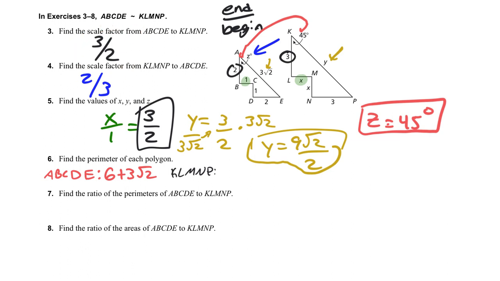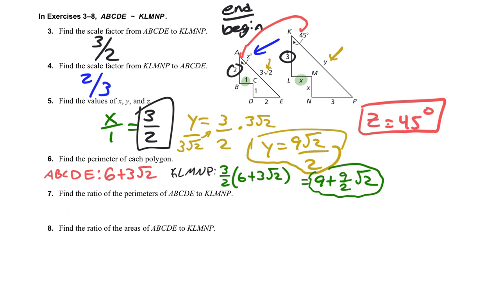So I'm going to take 3/2 times 6 plus 3 square root 2, and that's going to give me 9 plus 9/2 square root 2. And that would be for K, L, M, N, P. That'd be my perimeter.